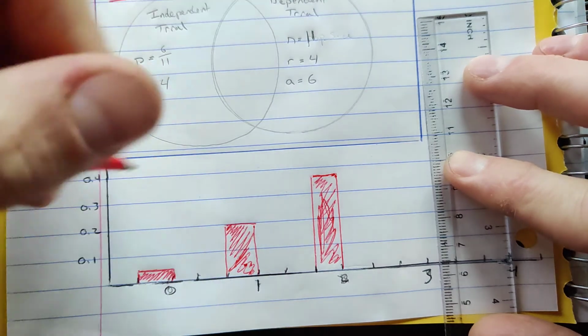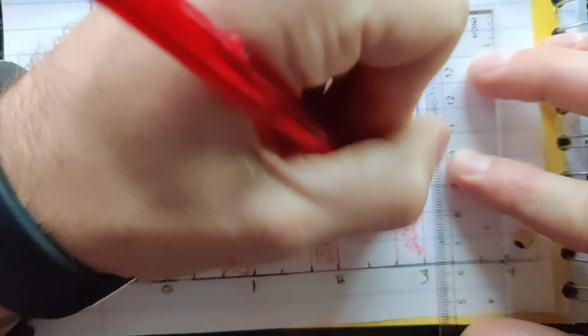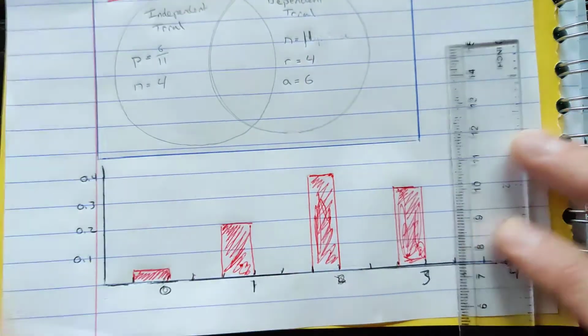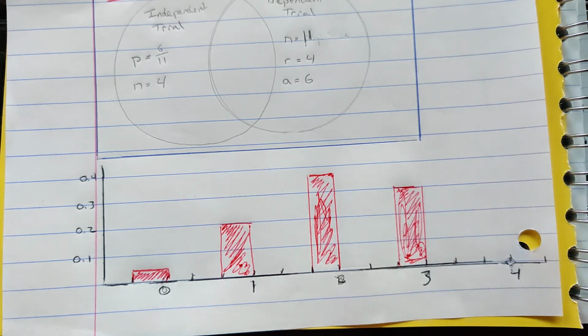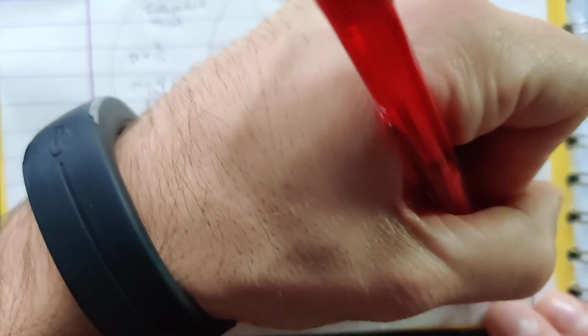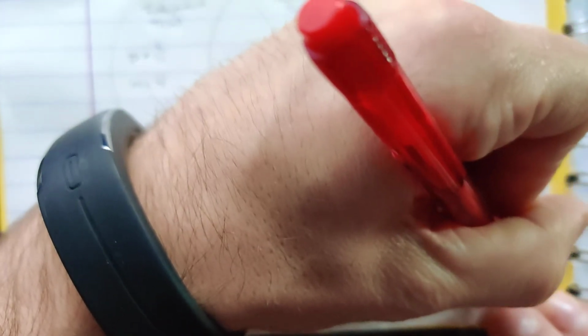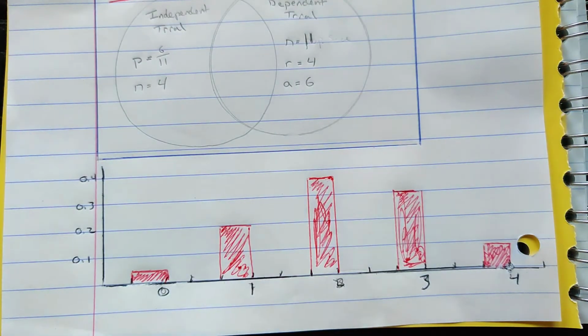Three female names is at 30%, so about right there. And then 9% for the four names. These are just roughly rounded. They're slightly different if you go to the full decimal. Okay, so there is our binomial.